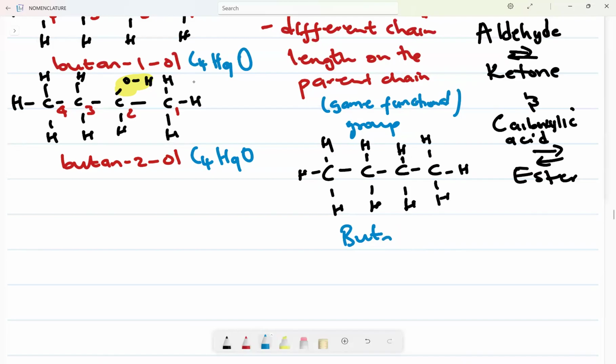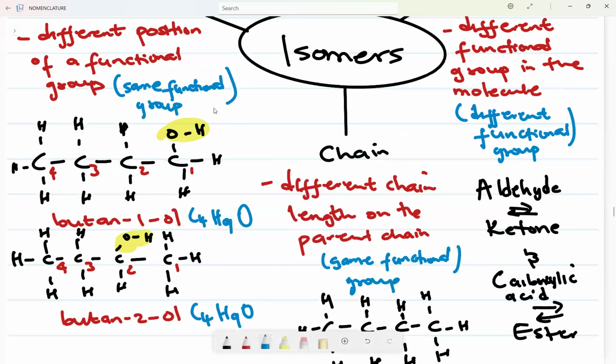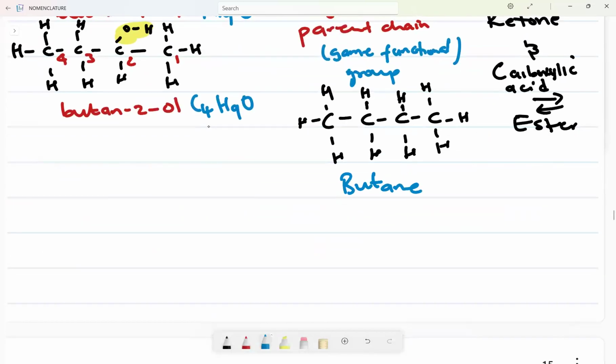Now, if I want to change the chain length of this one, it means now I should maintain 4 carbons. But what will differ is that instead of a 4 straight chain or 4 longest chain, I'll rather have what? 3 longest chain. But one of the carbons will be converted to what? To a branch.